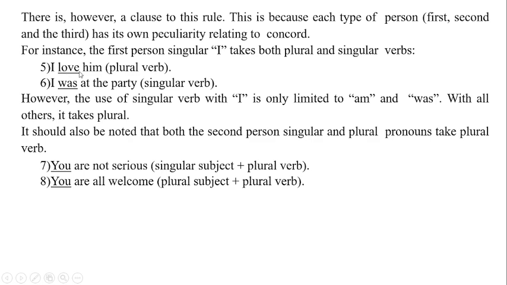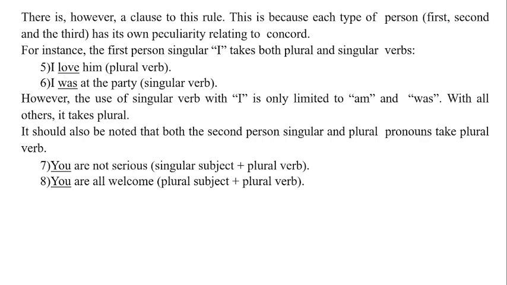We have another example here, number 6: I was. In number 5, I singular, love plural, because I just told you that the first person singular pronoun is an exception. It can work with both a singular verb or a plural verb.